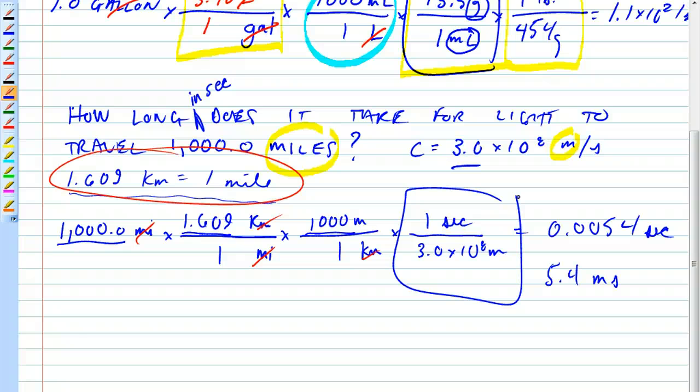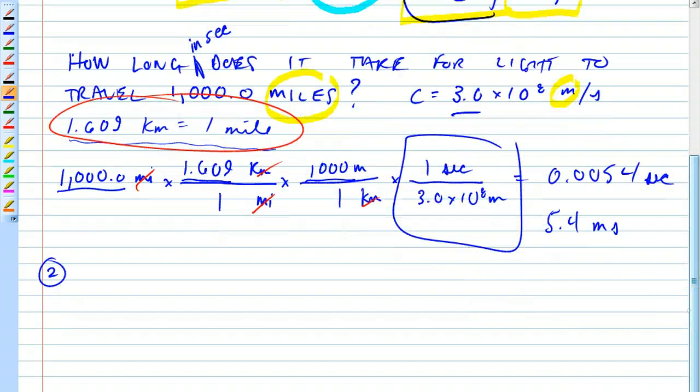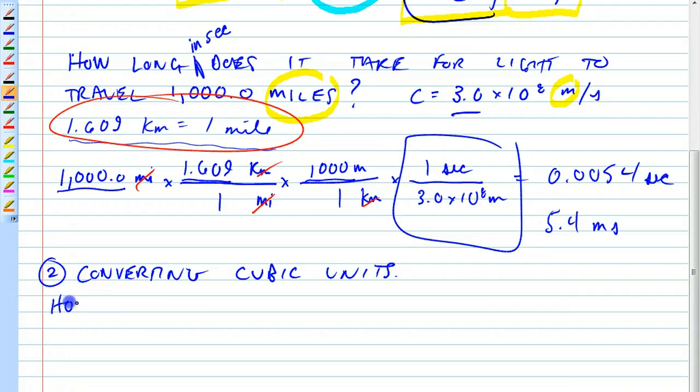So, the next more advanced type of problem is converting cubic units. Now this is lots of fun. And here's how it works. A question like this might be something like this.